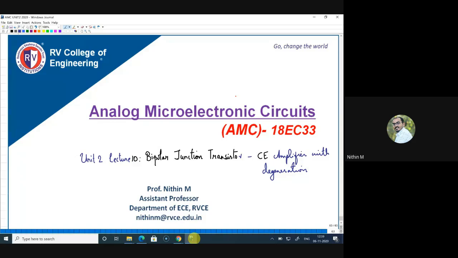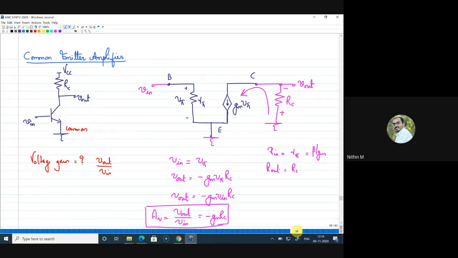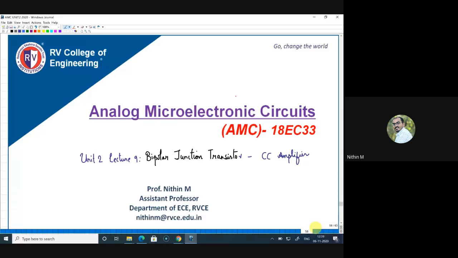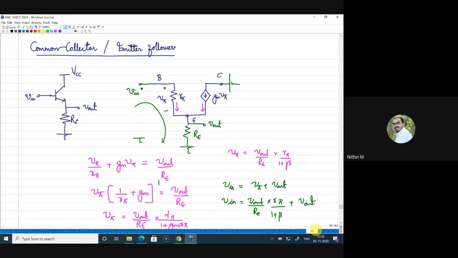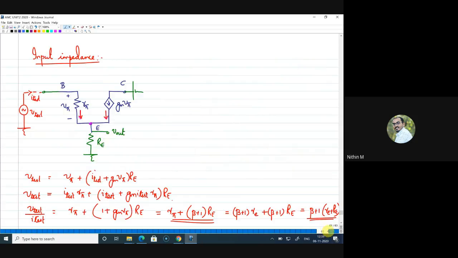So far, in the previous 9 lectures we were spending on BJT to understand its operation, small signal models and various configurations. In yesterday's class, we discussed the common collector amplifier, and we derived its voltage gain, input resistance and output resistance.